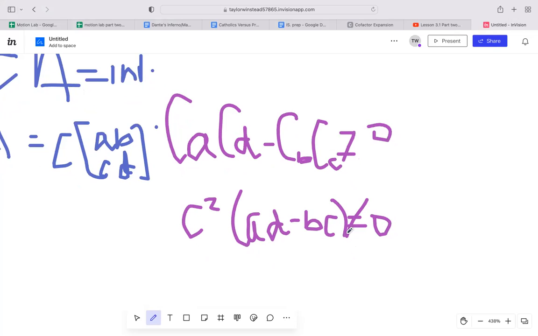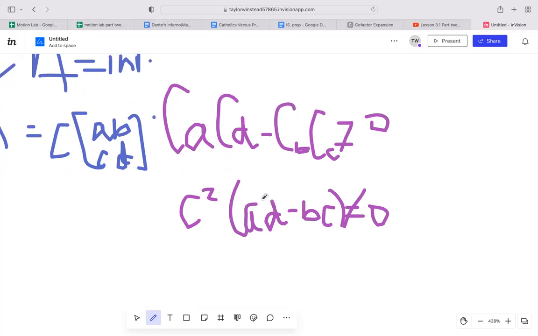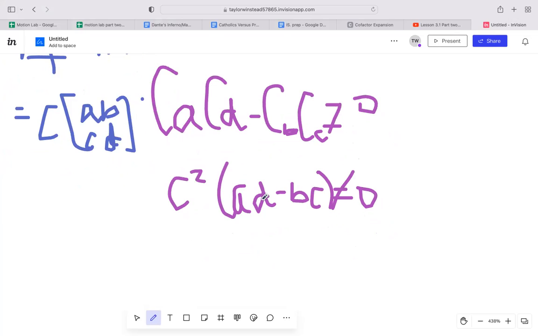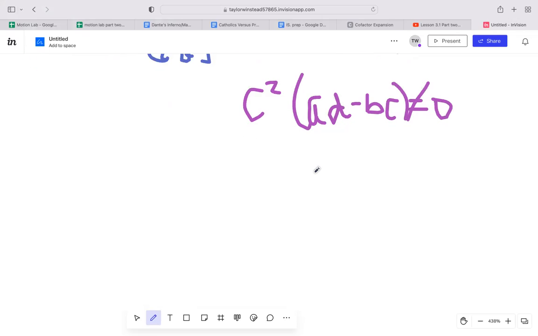We already know that AD minus BC doesn't equal 0 because we know that A is invertible, and we know that C is a non-zero scalar. Now, is there anything that can be squared to equal 0 if the original number is not 0? No. So that means that this right here is not equal to 0. So we're multiplying a non-zero number times another non-zero number, which can't equal 0. So in other words, CA is invertible. But let's move on to talking about the relationship between the two of them, right?